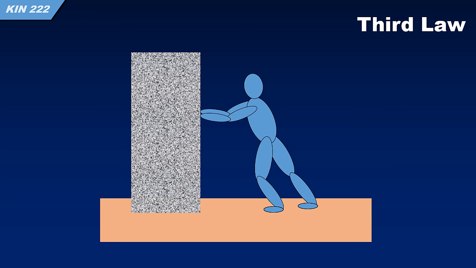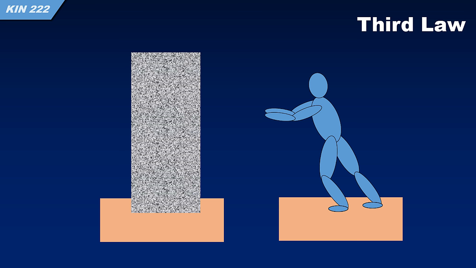Here we have a person pushing on a wall or a pillar, so they're applying a force to that wall. If we think about this system from the point of view of both the person and the wall, the wall will see the person pushing on it, so it'll see a force in that direction.